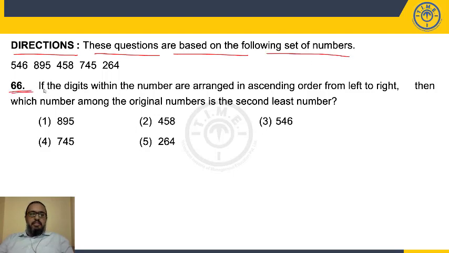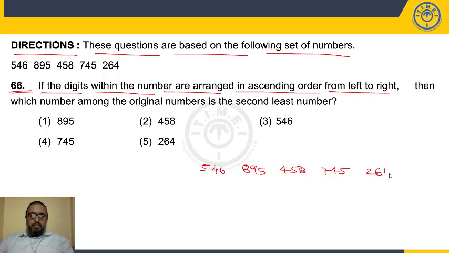Okay. Question number 66. If the digits within the number are arranged in the ascending order from left to right. Okay. So we have 546, 895, 458, 745 and 264.